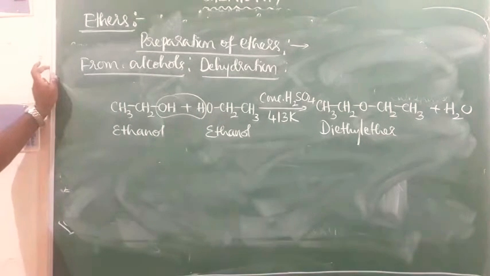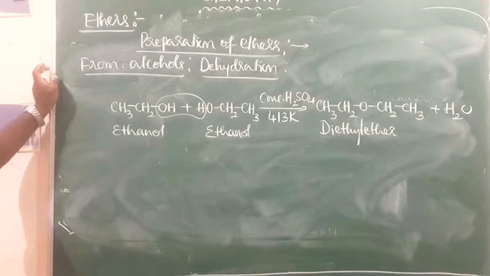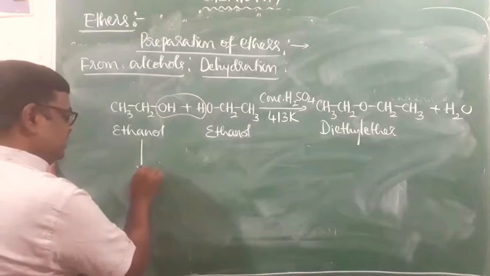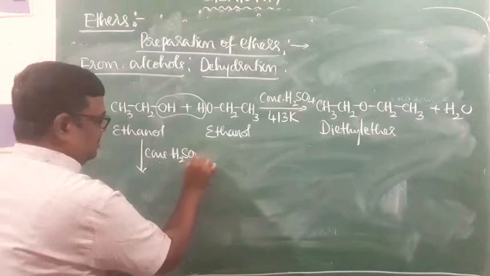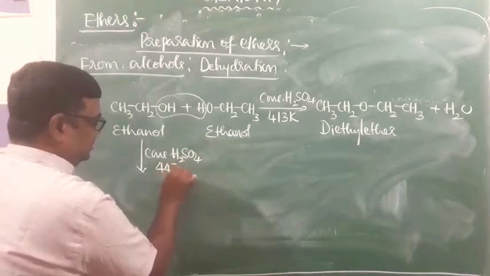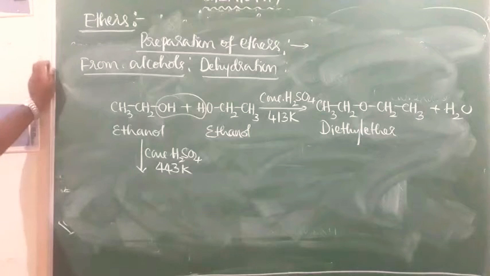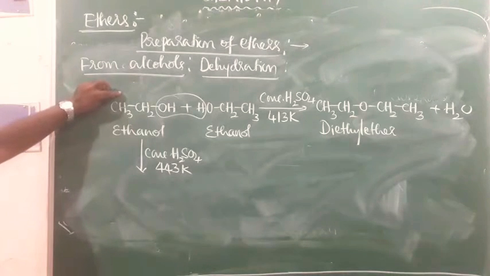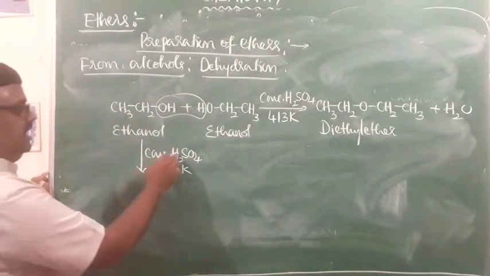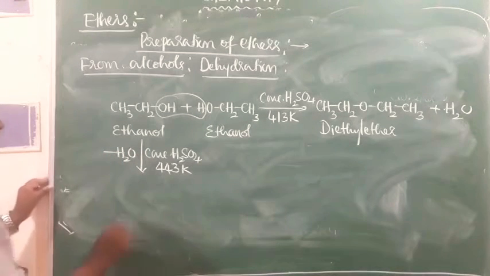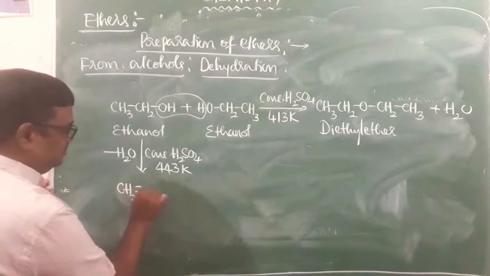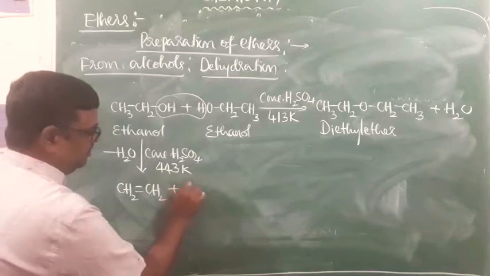If you remember the previous discussions under alcohols, when ethanol is heated with concentrated sulfuric acid at about 443 kelvins, remember this, dehydration takes place here also, but you get CH2=CH2 plus H2O.